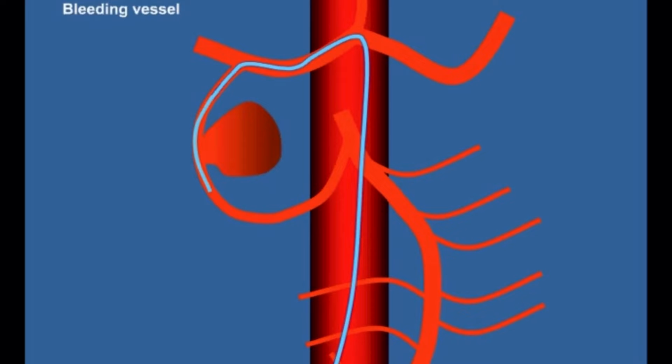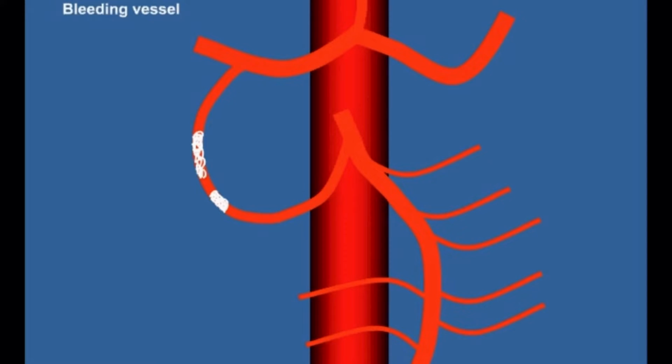Then we use multiple platinum coils to block the vessel, curing or stabilizing the patient completely. Embolization is a revolutionary technique which can be life-saving in several situations. It is performed under local anesthesia, and often the patient can be discharged in a day or two.